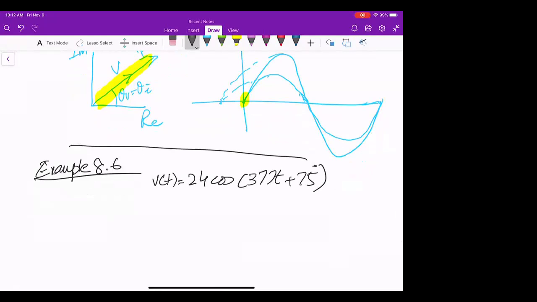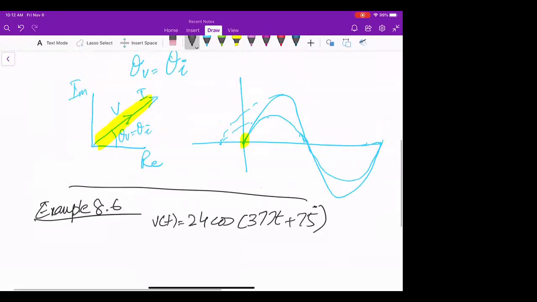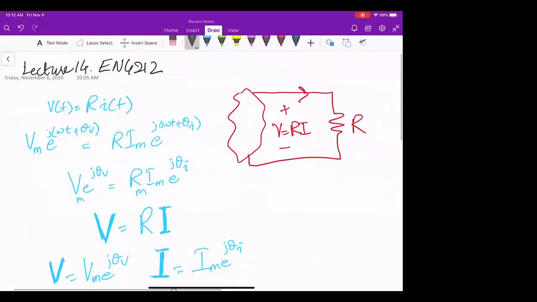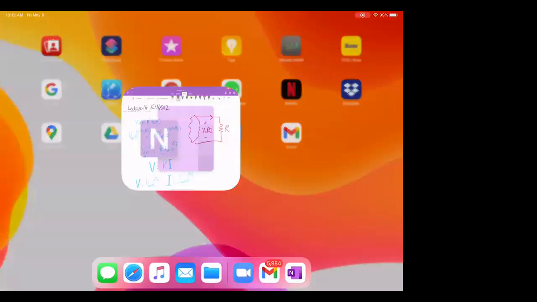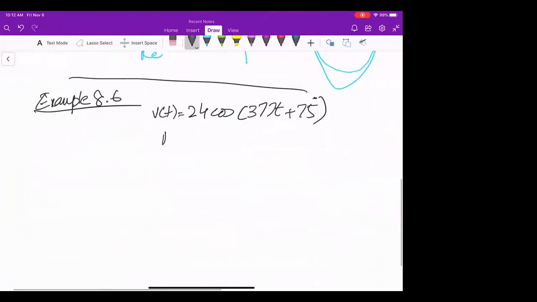And this voltage is applied to a resistor in the circuit. If the resistor value is 6 ohm, R is equal to 6 ohm, then we have to find the resultant current.